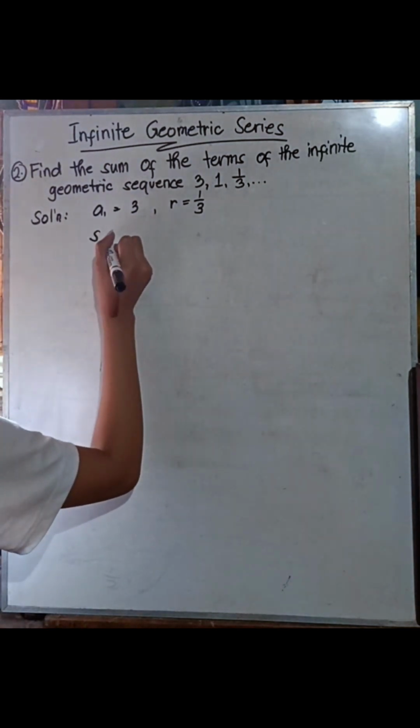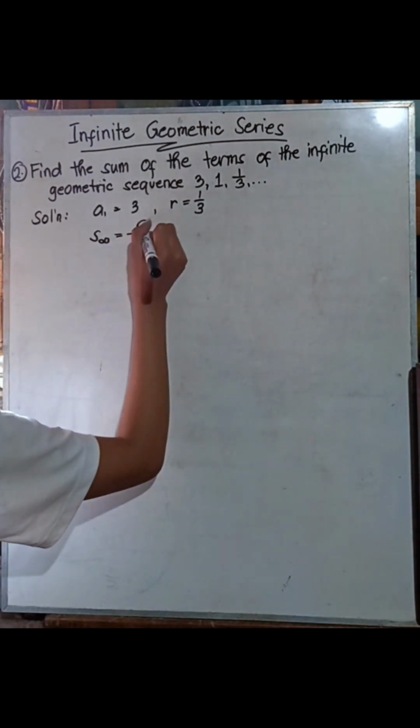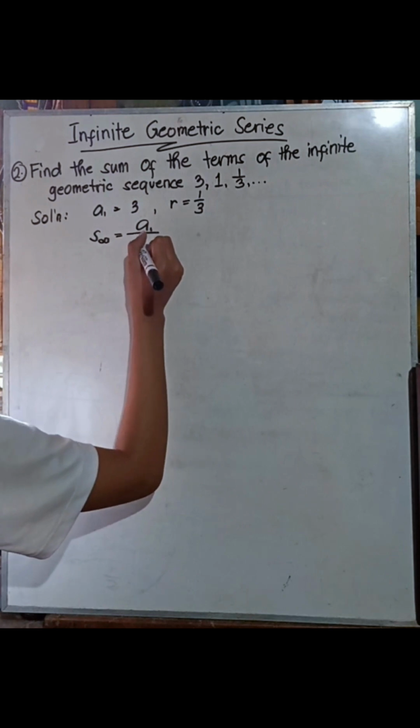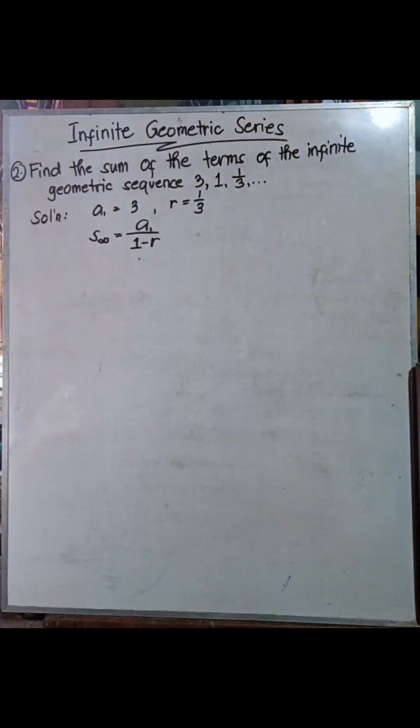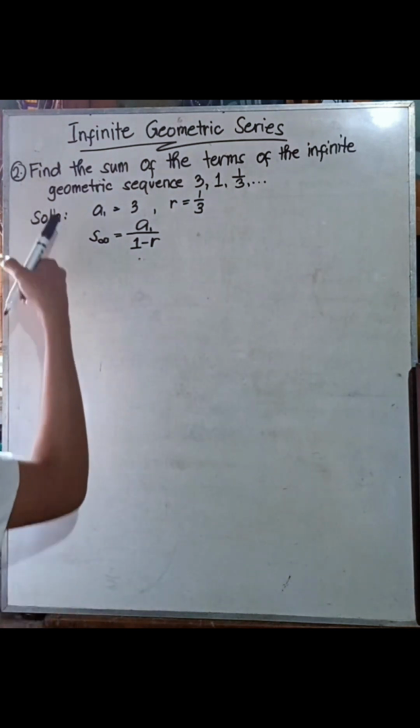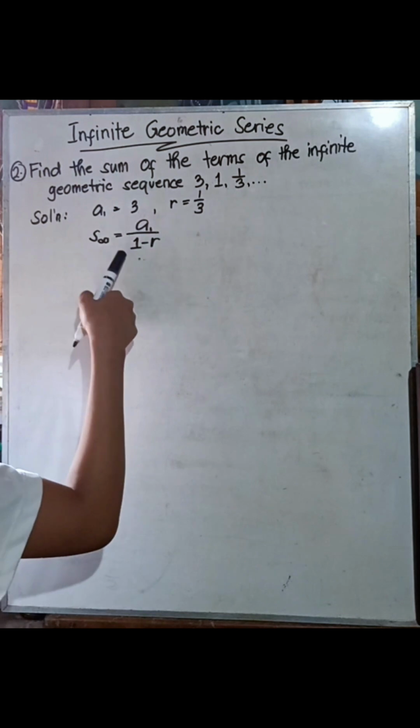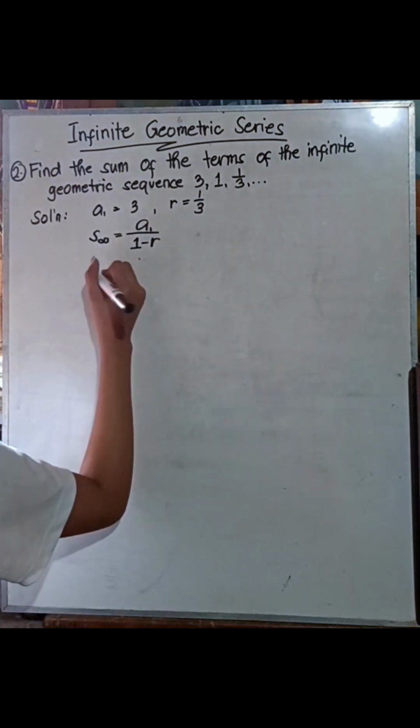Now, let's write the formula. S sub infinity is equals to A sub 1 over 1 minus R. Next, what we will do is substitute the given in our formula.